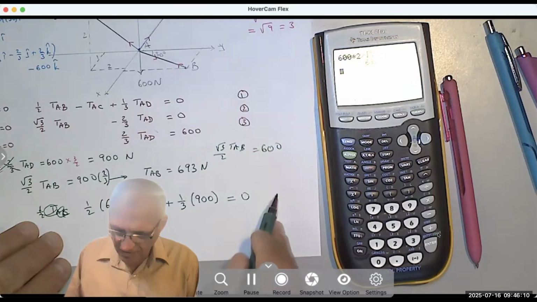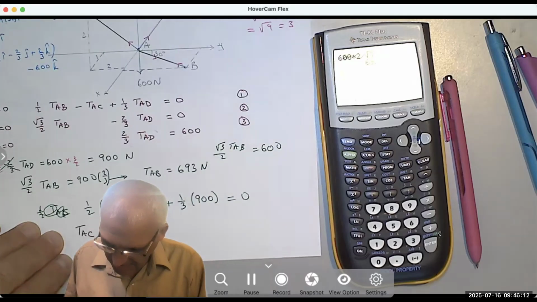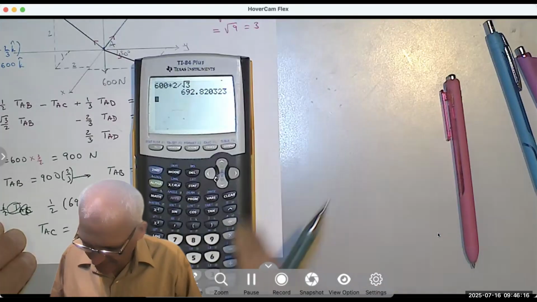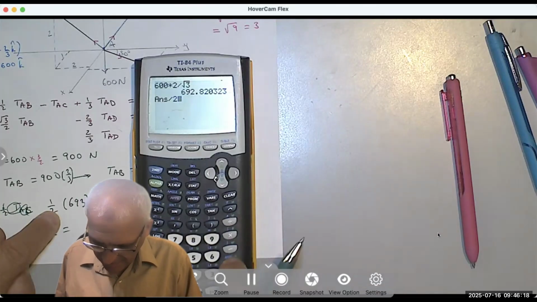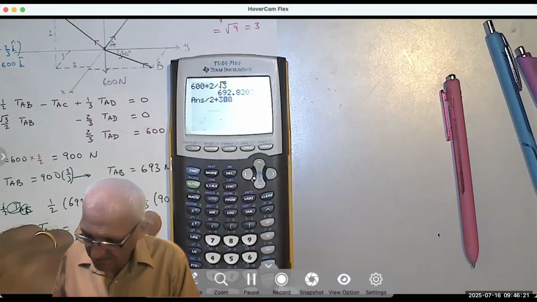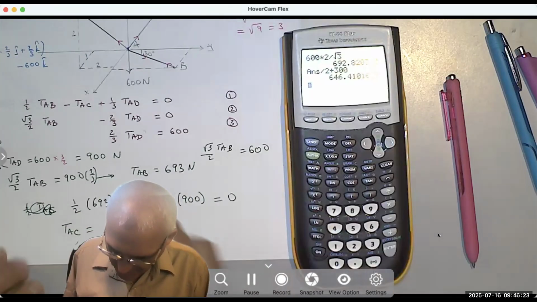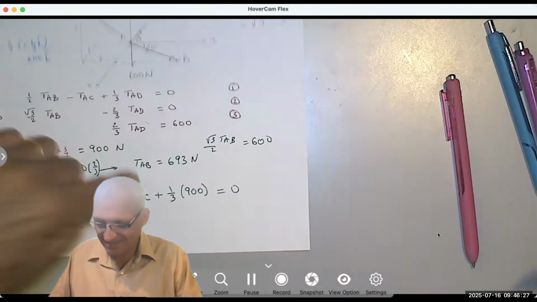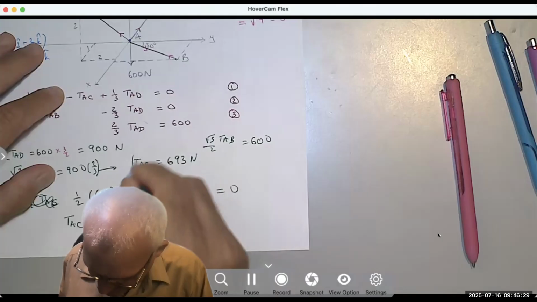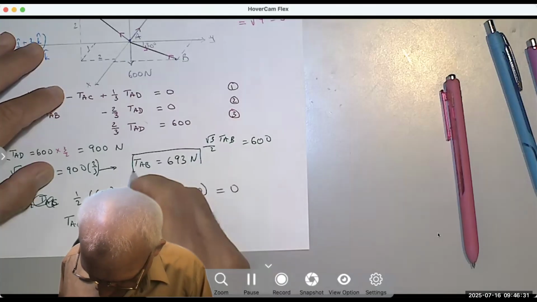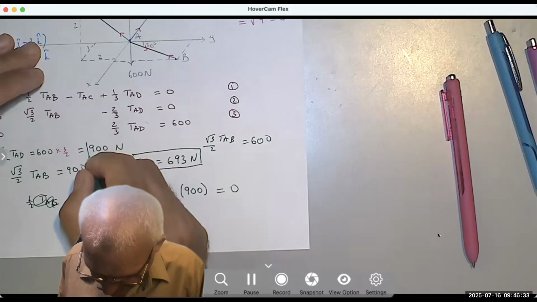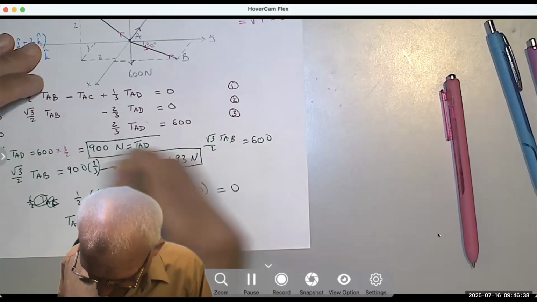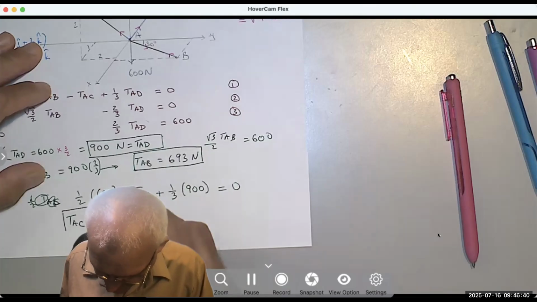So when I move this to the other side, I get TAC equals 300 plus half of that. So I divide this by 2 and add 300. So I get 646.4, 646 Newton. Again, sorry guys, I didn't see the 2/3 here. So TAB, TAD, and TAC.